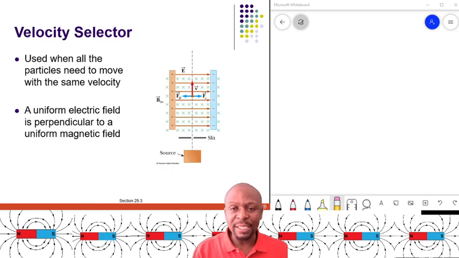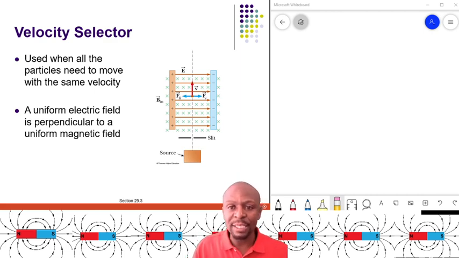So for example, this is what you are going to have when you have this particle moving. This is your B. Your B field is into the board because I am seeing the X there, and then the electric field is in this direction. I just want to show you the simulations for this so that you can see what is going to happen.